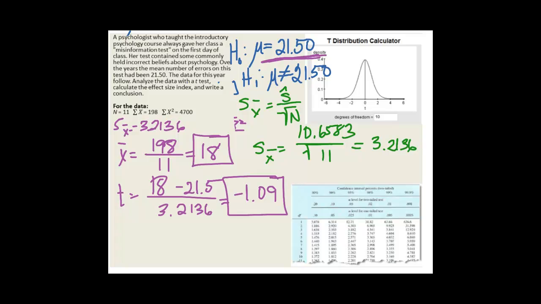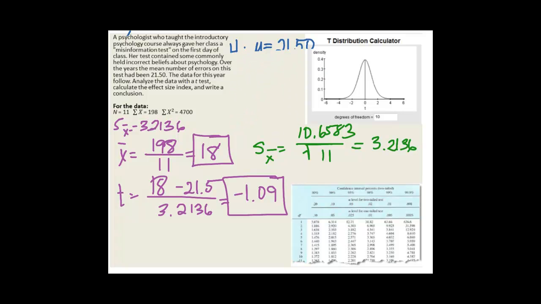Now that I know my t-test statistic, all I need to do is look at the t-distribution and figure out where my rejection region is. And to do that, I need to look at table B, and degrees of freedom are n minus 1, so I'm looking at the row for DF 10. And I would like a 95% confidence level.